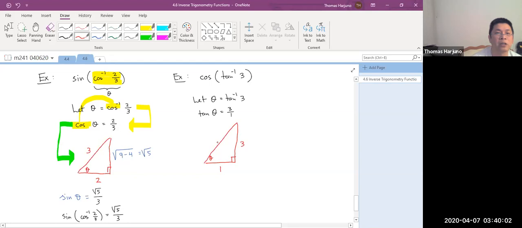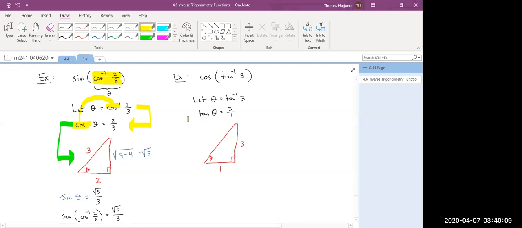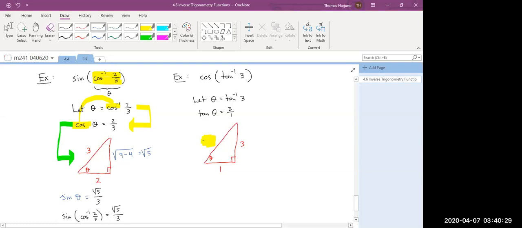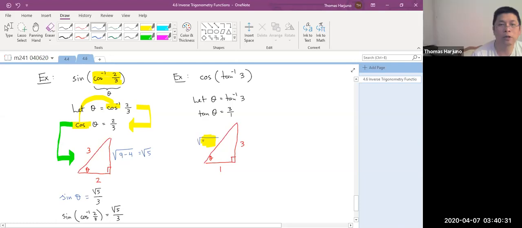Okay, so what is the hypotenuse? Radical 10. That's square root of 3 squared plus 1 squared.